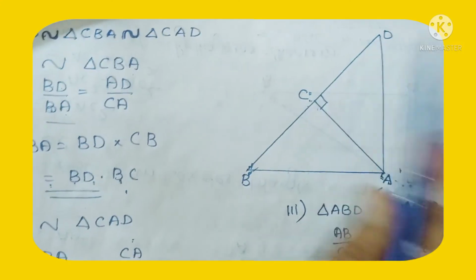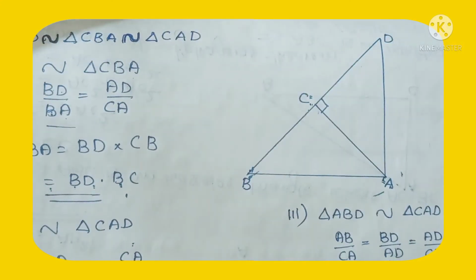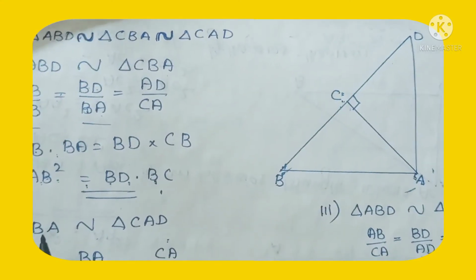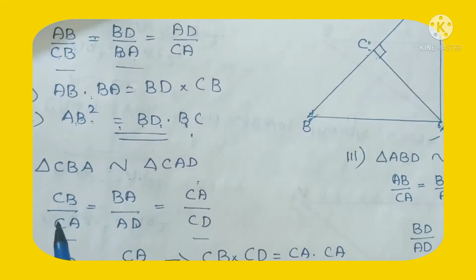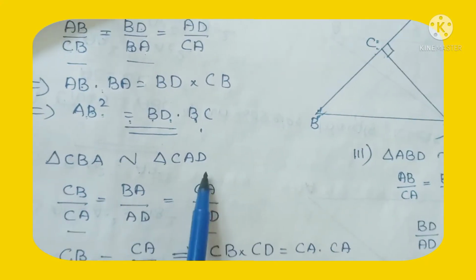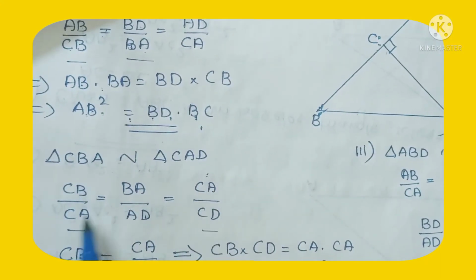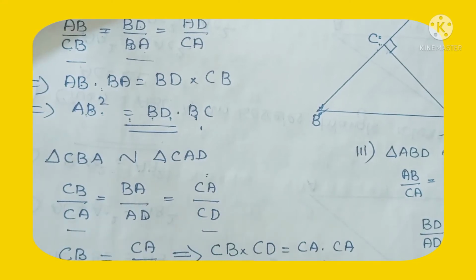Then proving the second result, we want to take the two triangles, triangle CBA and CAD. Then we want to take the ratio of the sides. Since CBA is similar to triangle CAD, CB by CA equal to BA by AD equal to CB by CD.